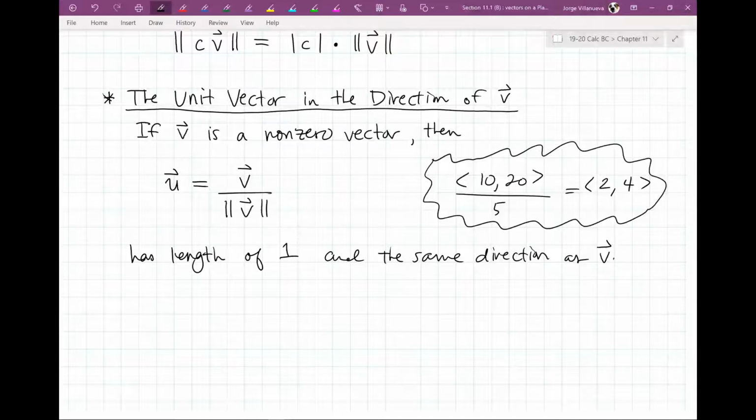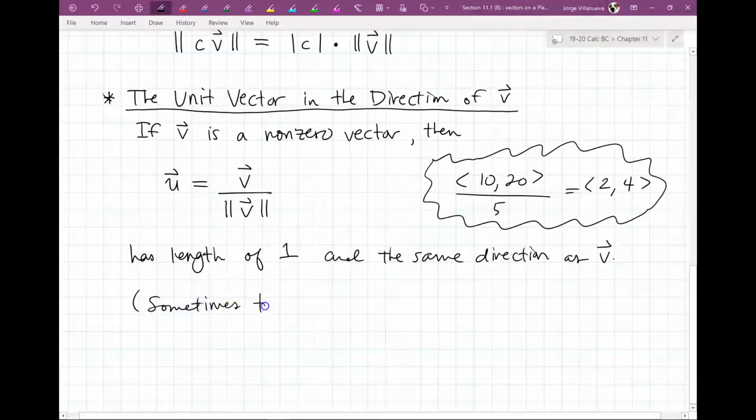So again, if you use that formula, you know u will have a length of 1 and the same direction as v. So sometimes instead of saying a unit vector, they might say to normalize a vector, okay? So let me put that right here.